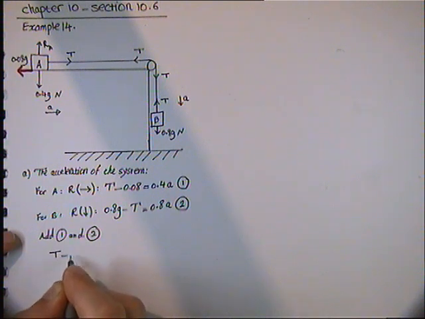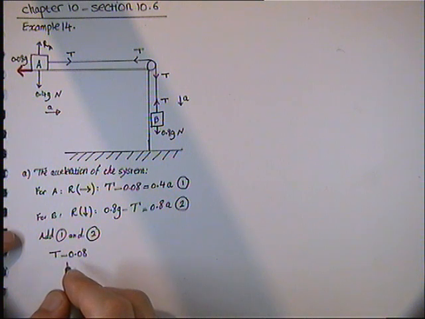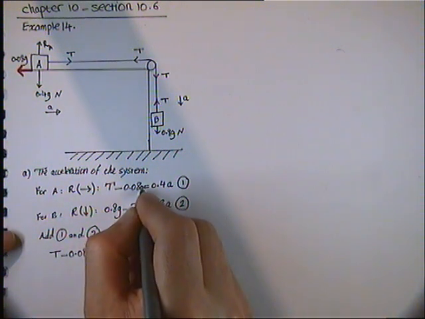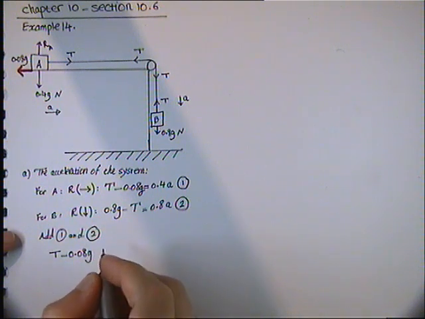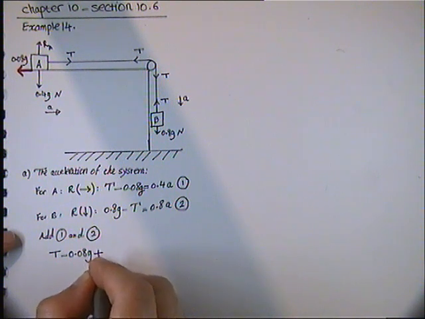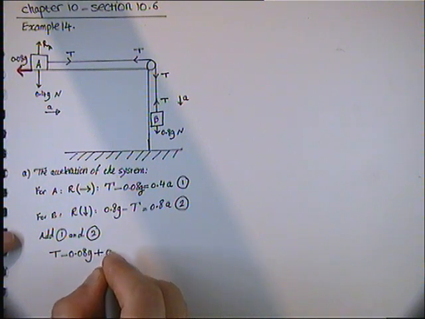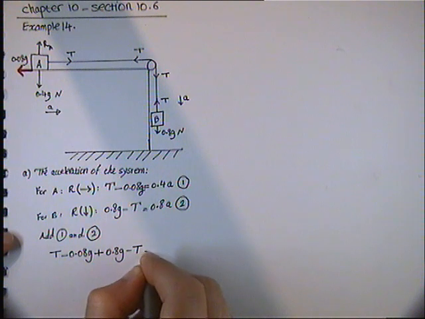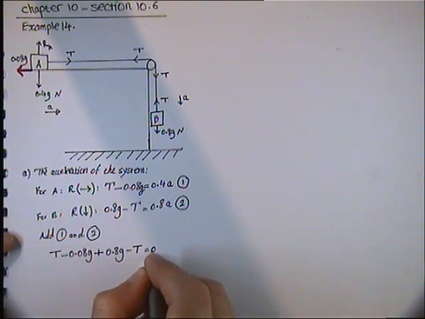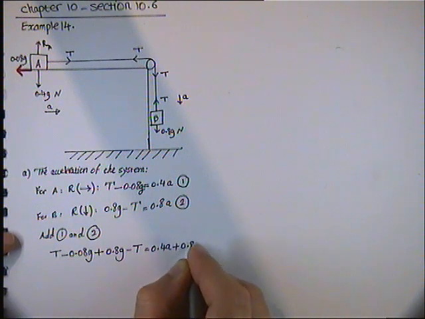T minus 0.08g, which I forgot to write the g here, plus 0.8g minus T equals 0.4a plus 0.8a.